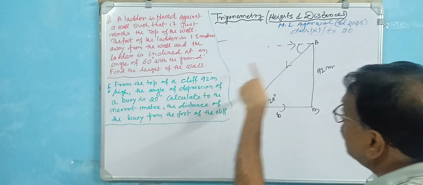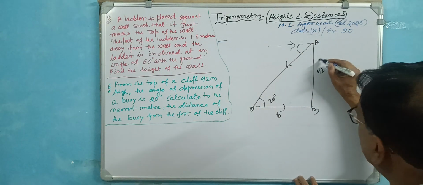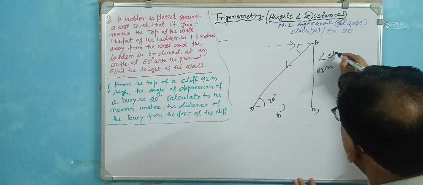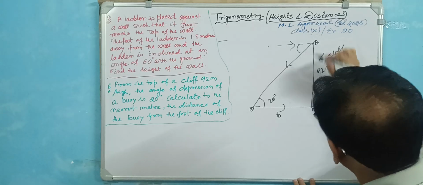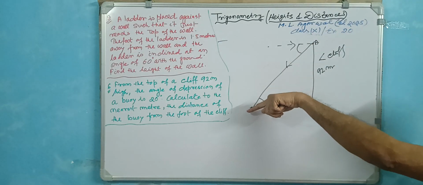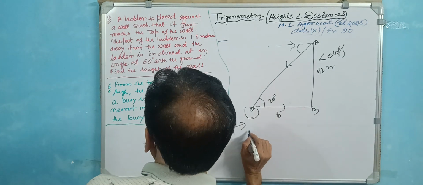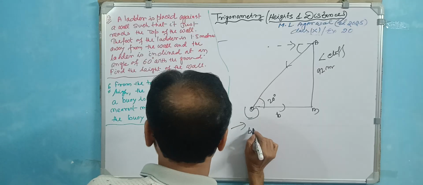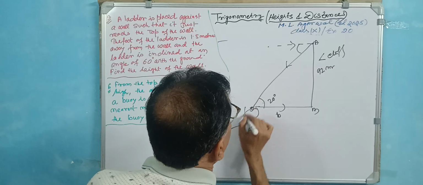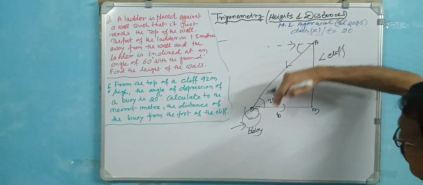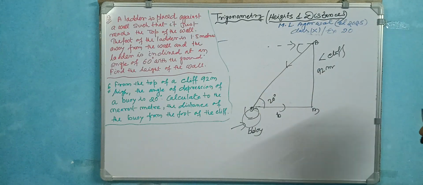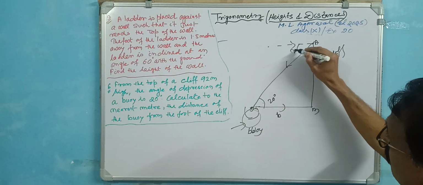From the top of a cliff, this is the cliff. From the top of the cliff, you see this is the buoy. This position is actually the buoy. From here to here, the angle of depression is 20 degrees, because this is the 20 degree alternate angle.